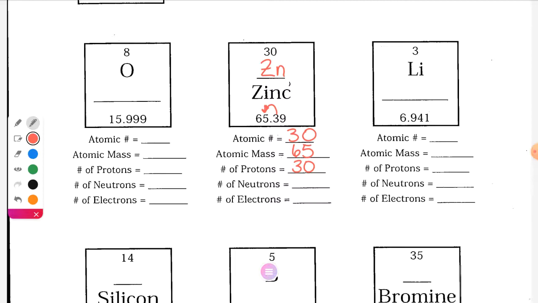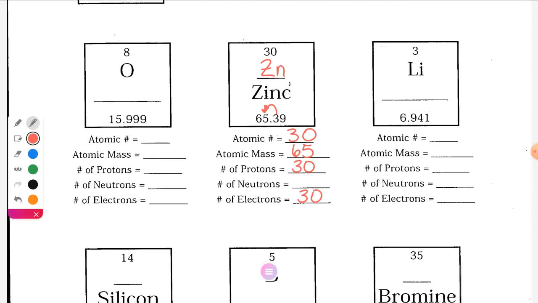Yes, our notes just said the atomic number is equal to the number of protons or electrons, which means our atomic number tells us our number of protons. It also tells us our number of electrons because protons equal electrons. Now, neutrons, if we're finding neutrons or if we're finding atomic mass, it has to give us one or the other.